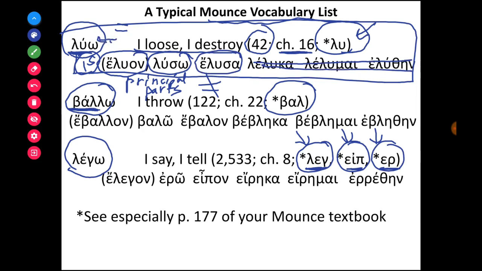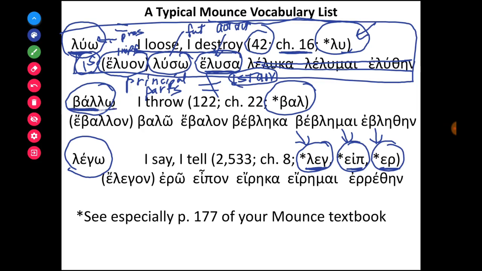The lexical form is your present tense form, and then what's in parentheses is your imperfect, then follows the future, and then follows the aorist active. Now, this is a first aorist form, which you have not learned yet. So you're not responsible for this form elusa until we study chapter 23.